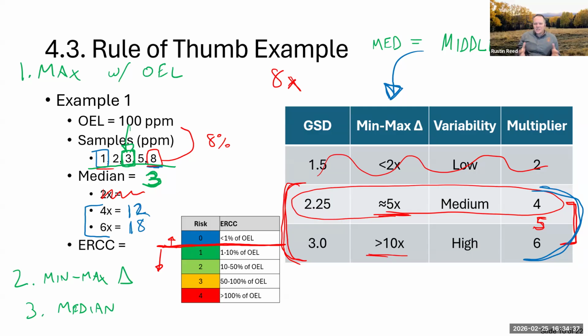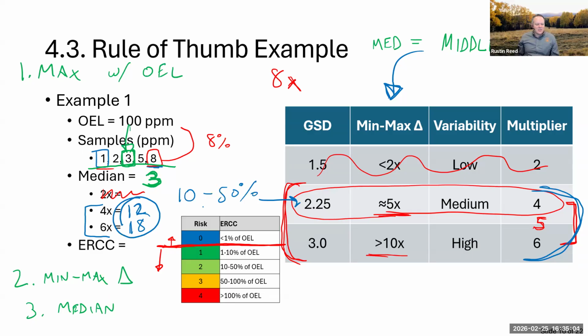We might still be indecisive about which of the two we should use. Do we use 4 or do we use 6? Or maybe split the difference and multiply by 5. I might still be indecisive, but after I've done this, I see it doesn't really matter because both of these are between 10 and 50% of my OEL.